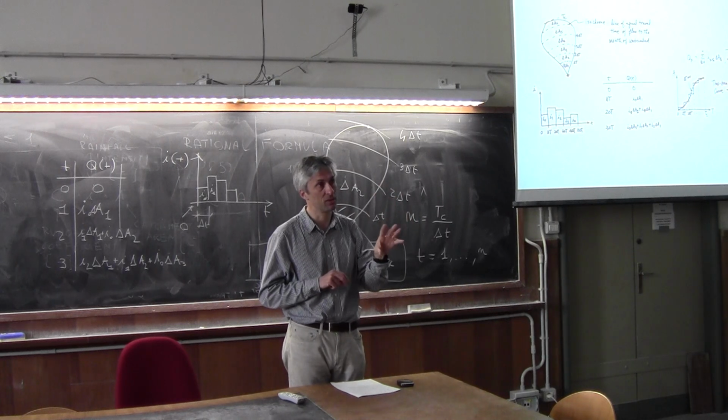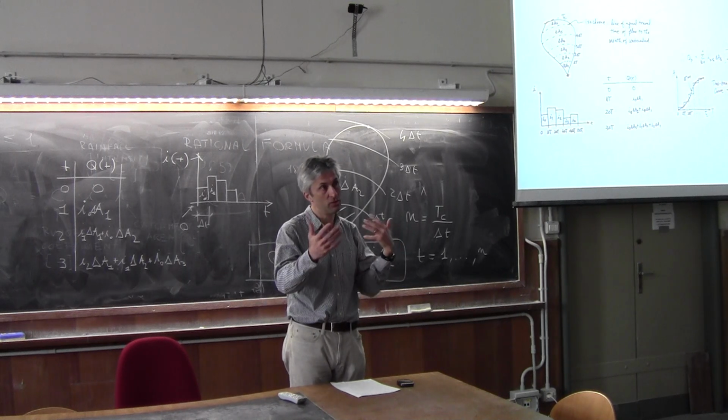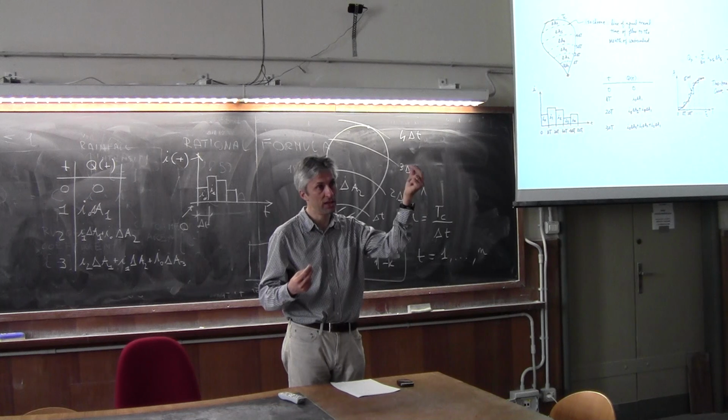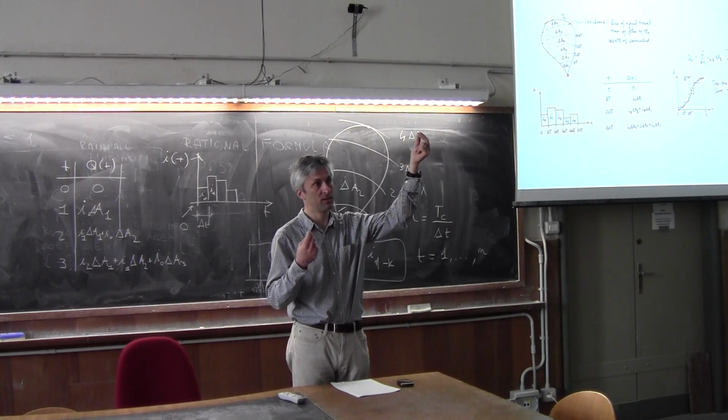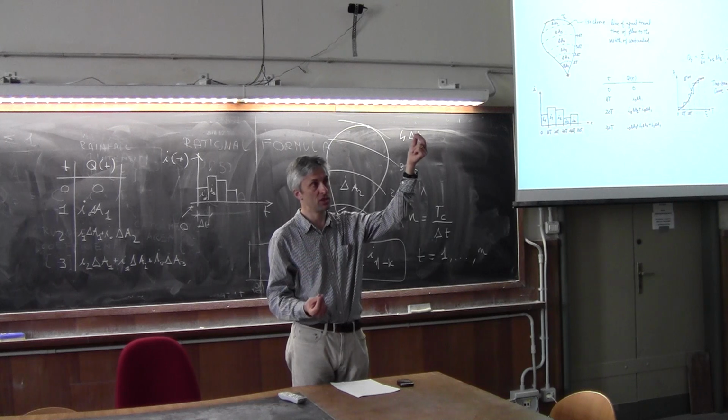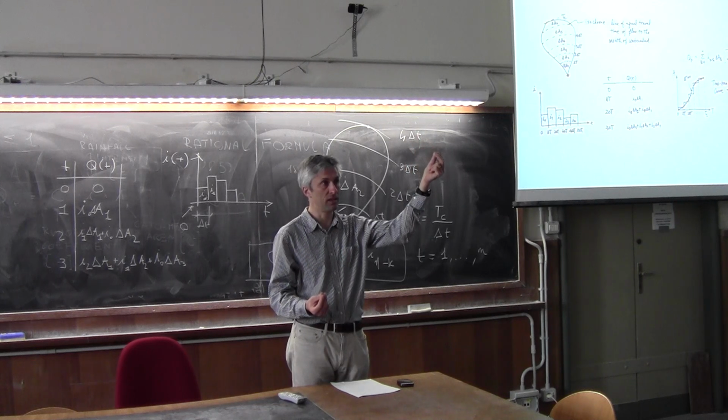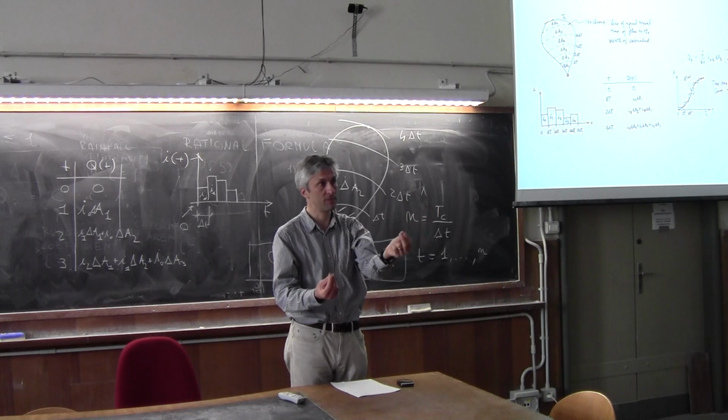And this transport occurs through an exchange of energy. Potential energy of the drops that fall in the upper part of the catchment, and this potential energy is transformed in kinetic energy, and the drop travels.